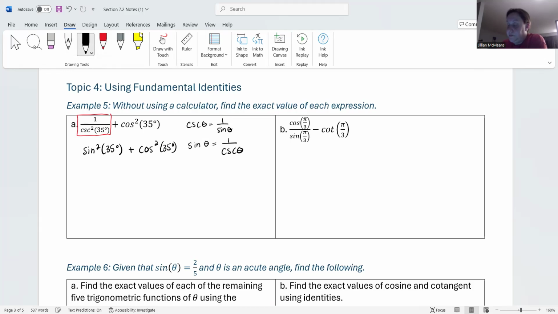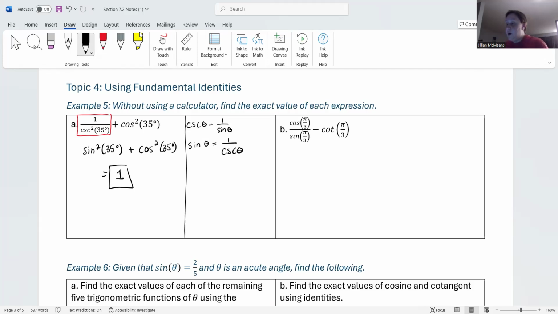Now what we know is that the relationship between cosine squared theta and sine squared theta is one of the Pythagorean identities. Sine squared theta plus cosine squared theta, whatever theta is, you can replace theta with any angle in degrees or radians, has to equal 1. So there we've used one of the fundamental identities.